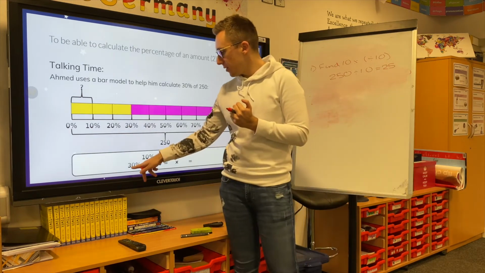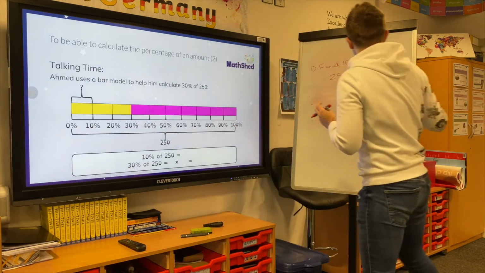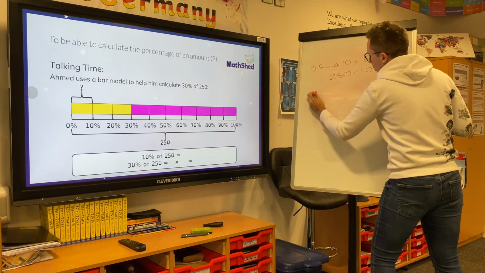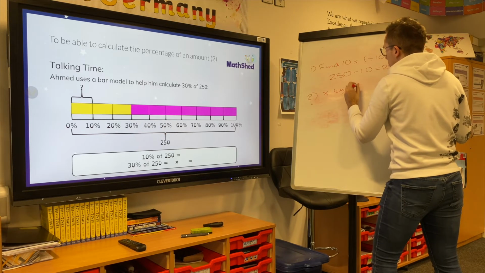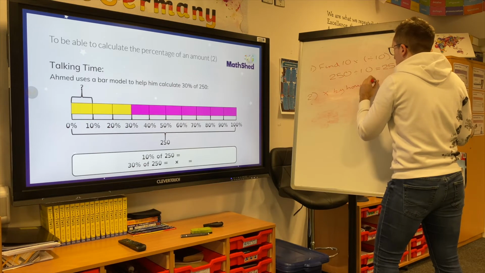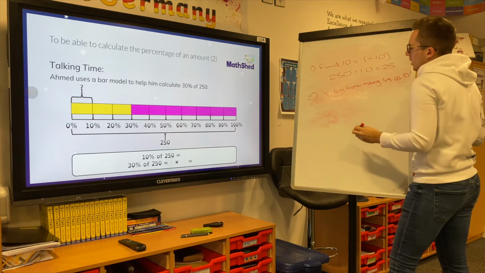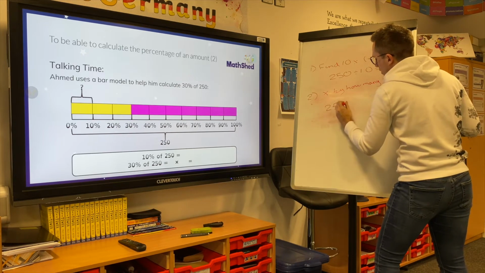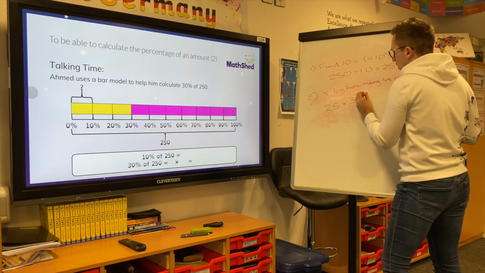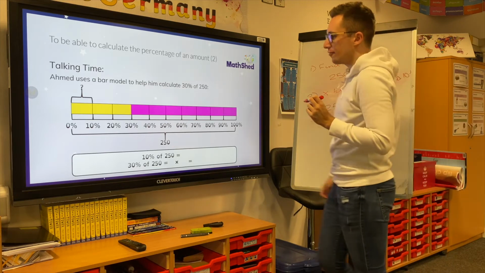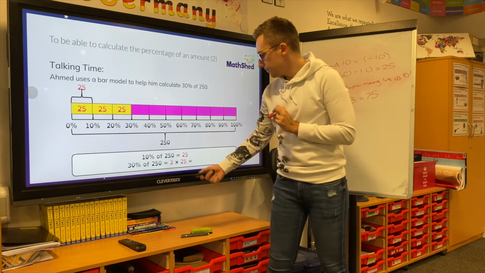So we want 30%, so we need 3 lots. So step 2, we times it by how many lots of 10. So we're going to do 25, and in this case we times it by 3, which is going to be 75. There we are, 25 times 3 is 75.